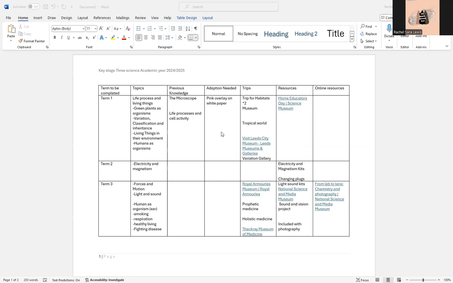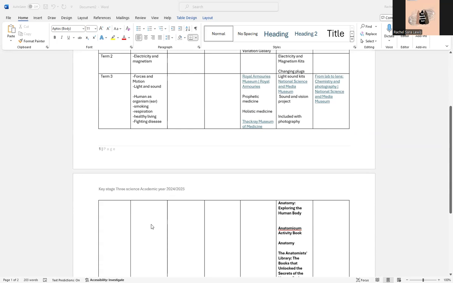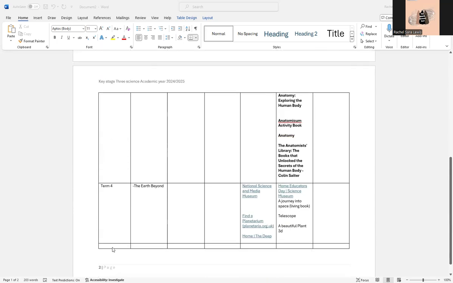When we need to do materials, classifying materials and changing materials, which will be term 5 and term 6. So this is the entirety of the Key Stage 3 curriculum that we're trying to cover in a year, at a push, year and a half.